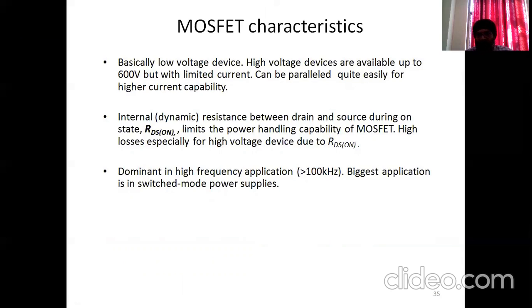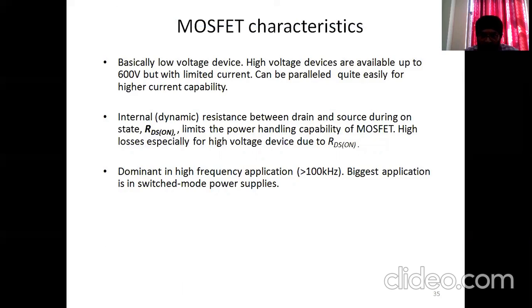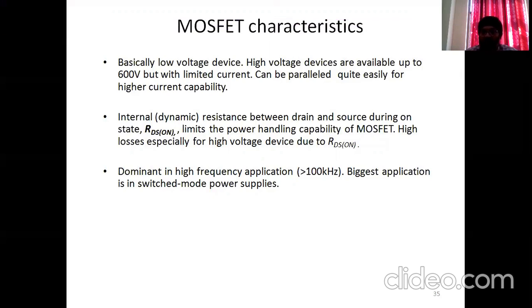Okay, now the thing is the internal dynamics, the resistance RDS, the dynamic resistance, the internal resistance between drain and source during the on state, meaning when the MOSFET is conducting. It actually limits the power capability of MOSFETs.